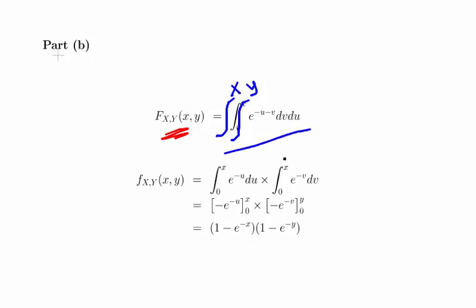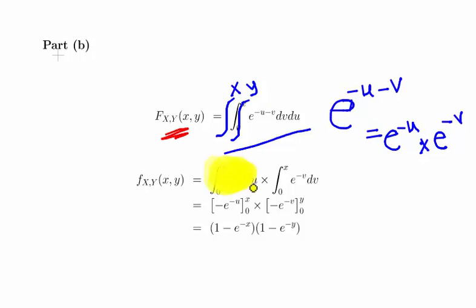Now in this particular instance, we can separate it out into two distinct parts. Because we can split e to the minus u minus v into two terms, e to the minus u times e to the minus v, we can split our integral into two distinct integrals.